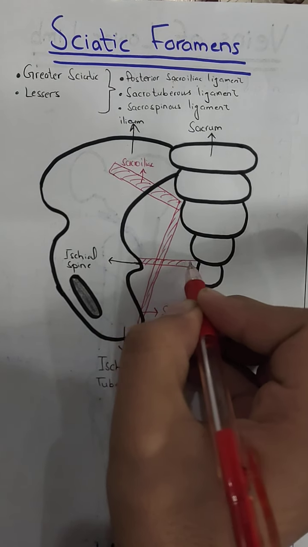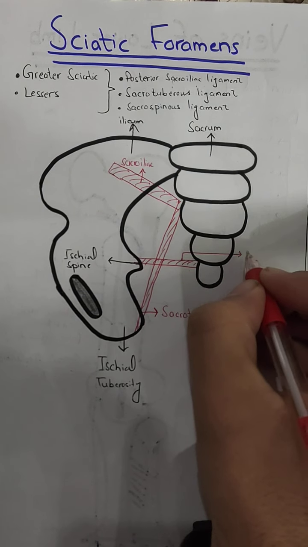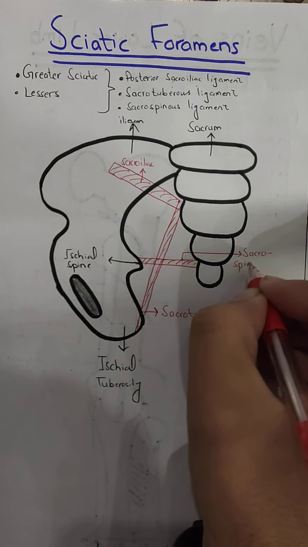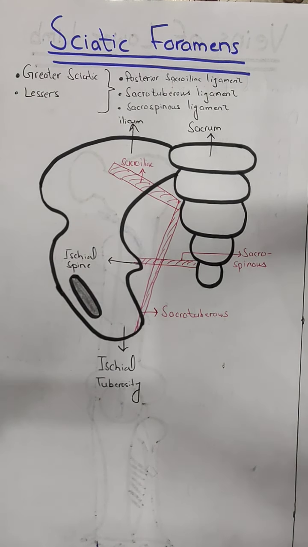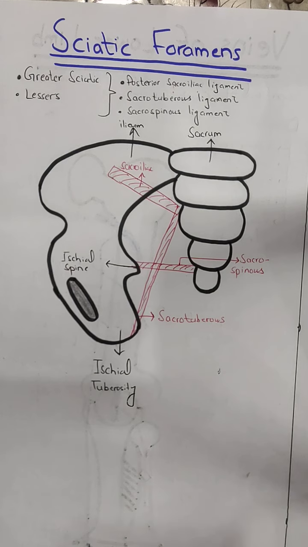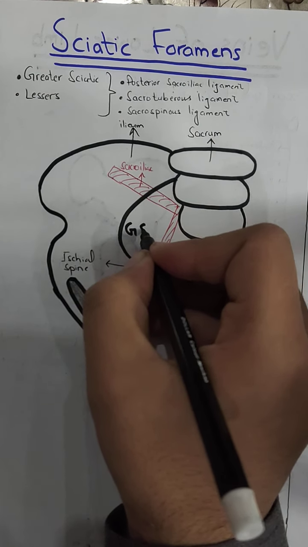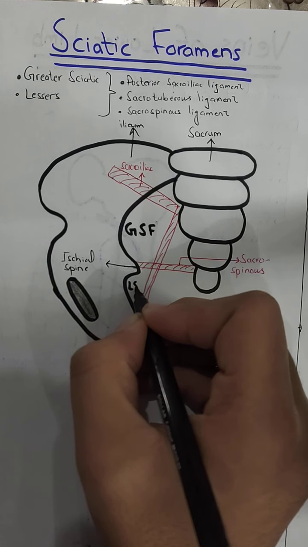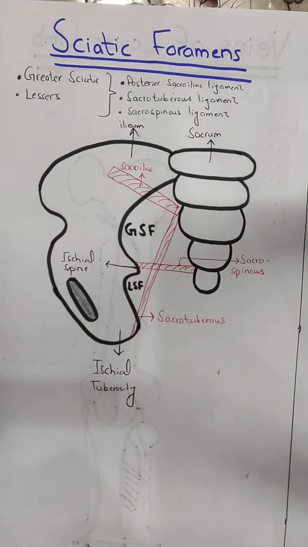This is the third ligament, the sacrospinous ligament. Now see here, two foramens are formed. As this is greater, this will be the greater sciatic foramen, and this is the lesser, so this will be the lesser sciatic foramen. So these are the foramens which are formed by these three ligaments.